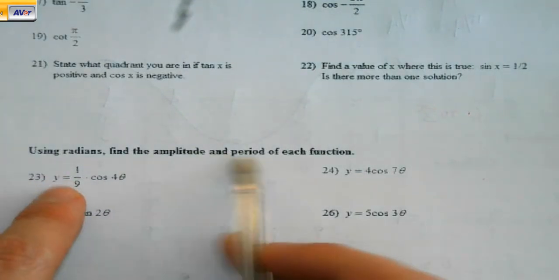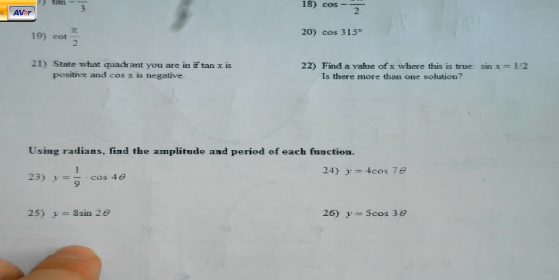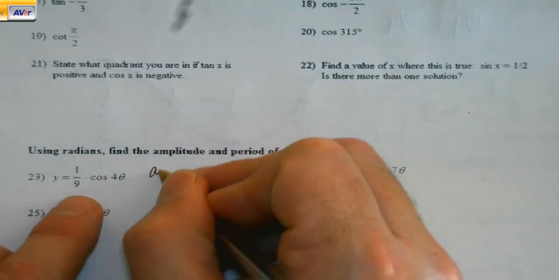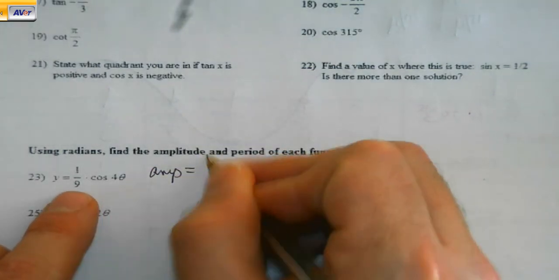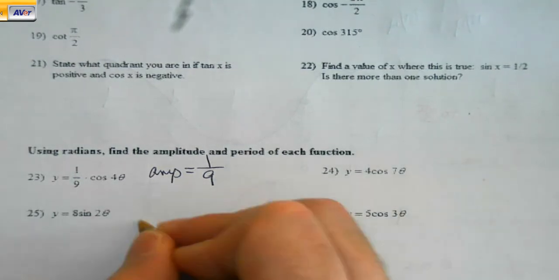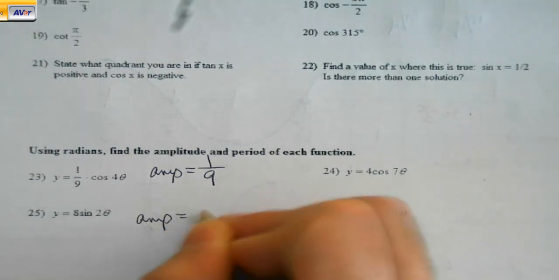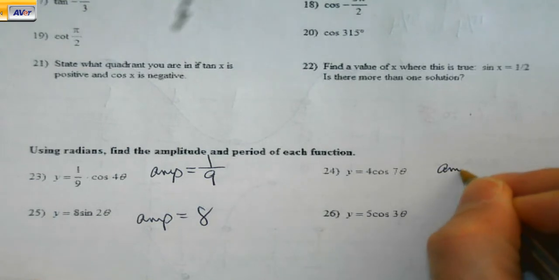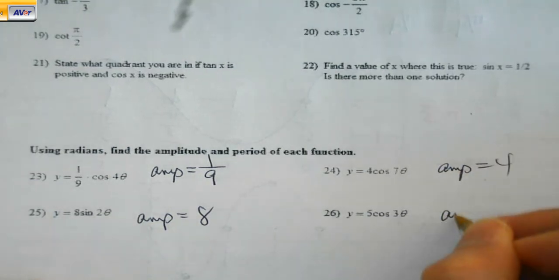Find the amplitude and period of each. Okay, amplitude is just going to be the value in front of your sine or cosine, unless it's a negative. Then remember, it's a distance, you make it positive. So all the ones here, that's pretty straightforward. That should be easy peasy points.